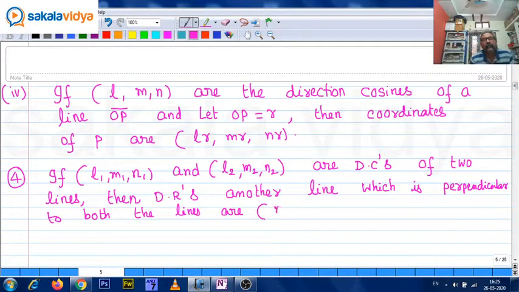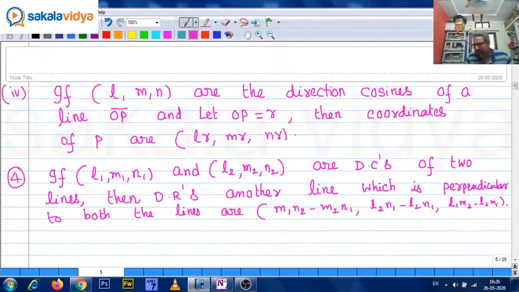That means actually you can write m1 n2 minus m2 n1, comma, l2 n1 minus l1 n2, comma, this one l1 m2 minus l2 m1. This is very easy, they are the components of the vector perpendicular to the vectors l1 m1 n1 and l2 m2 n2 itself.